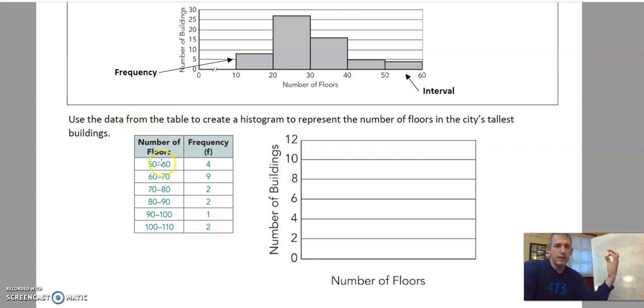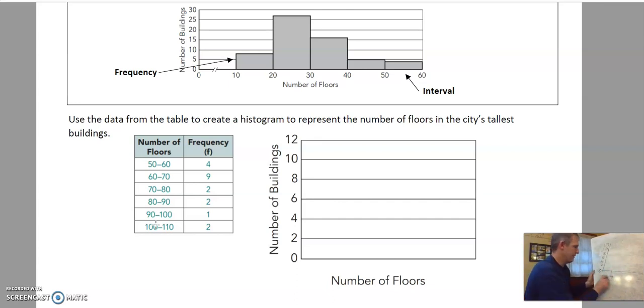We need to write all of these intervals into our graph. It starts at 0 and then goes to 2, 4, 6, 8, 10, 12. So we're going to have an interval from 0 to 10 floors.